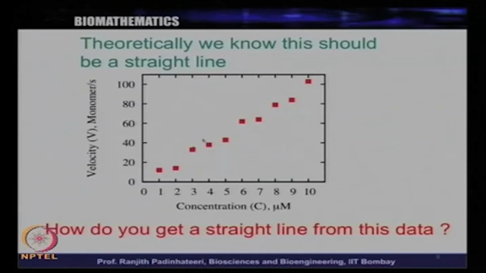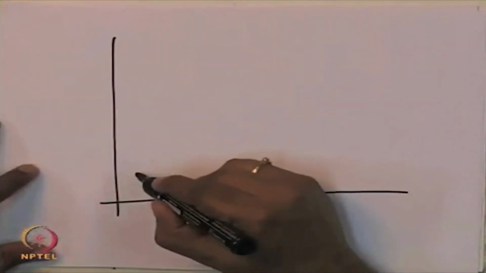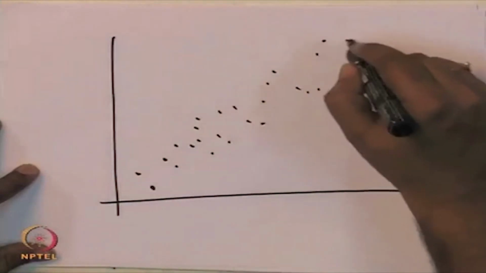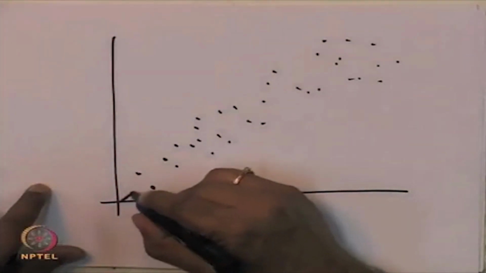So, we have this particular data and we know that this should be a straight line, but how do you get a straight line from this data? What we have now is just data points, experimental data points here and there. From this we have to get a nice straight line.